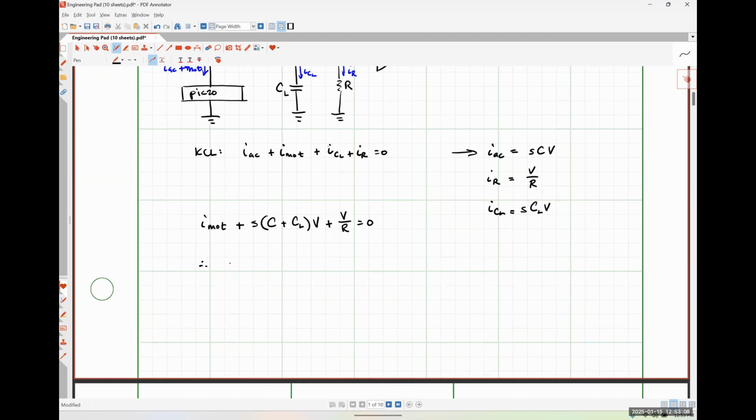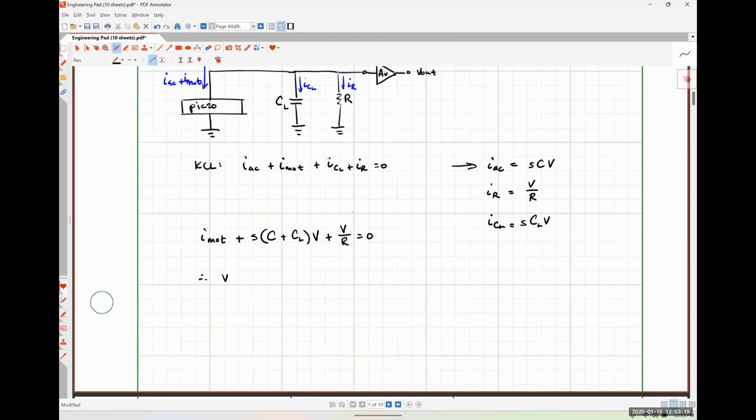And then rearranging this, we would find that our voltage at the input of our amplifier, V, is then negative I motional divided by 1 over R plus S C plus CL, which is the same thing as negative I motional times R in parallel with 1 over S C plus CL.